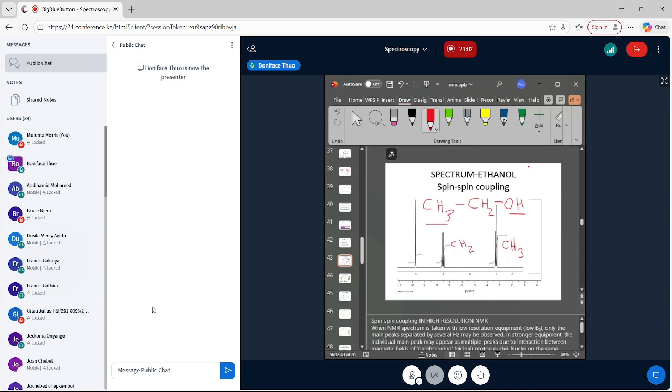You have 2 hydrogens, 1 up and 1 down. Okay, you can also have the reverse of that. This one is down, this one is up. So that combination is similar.